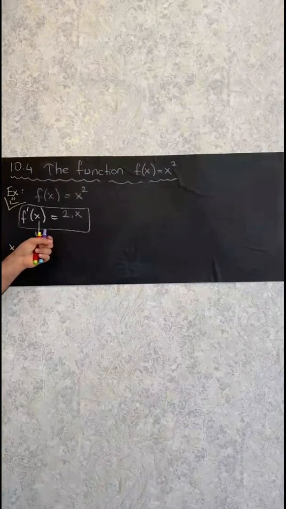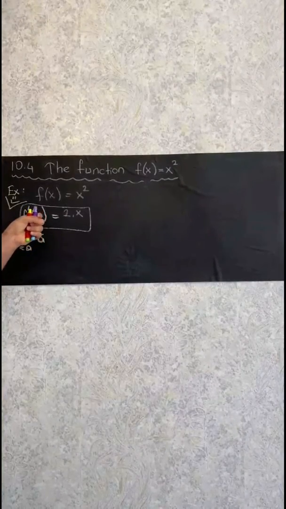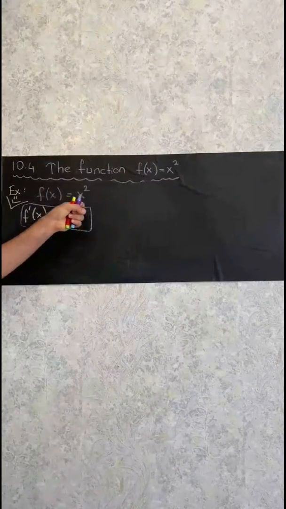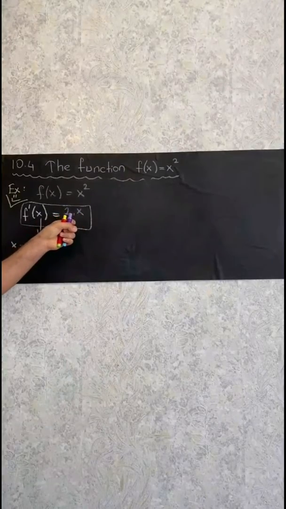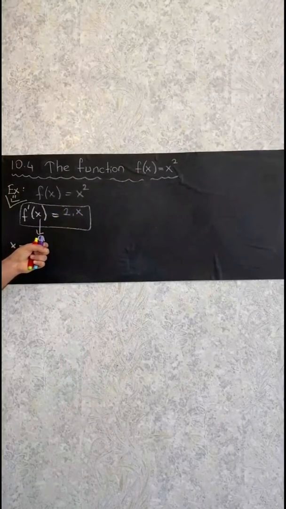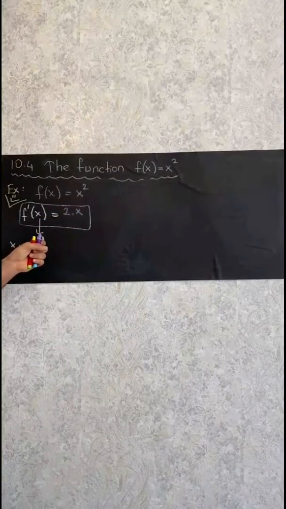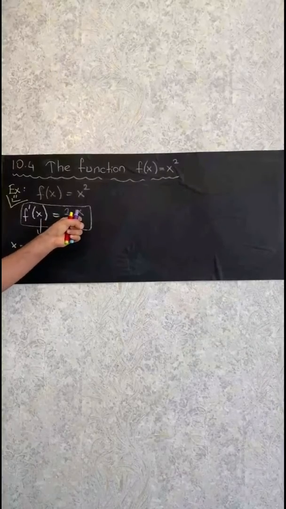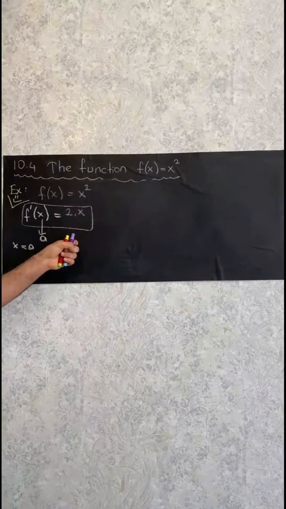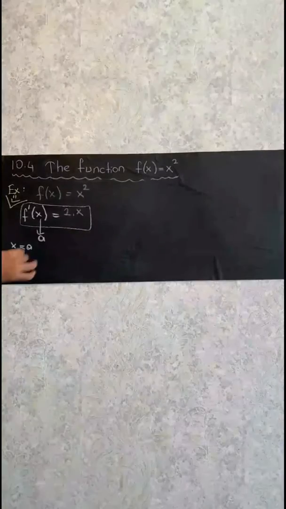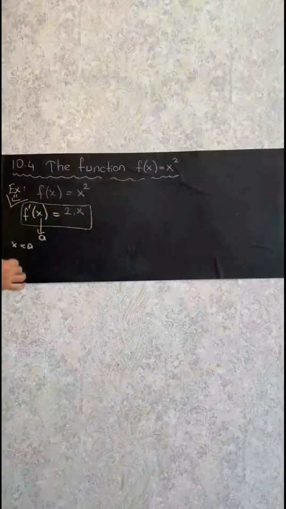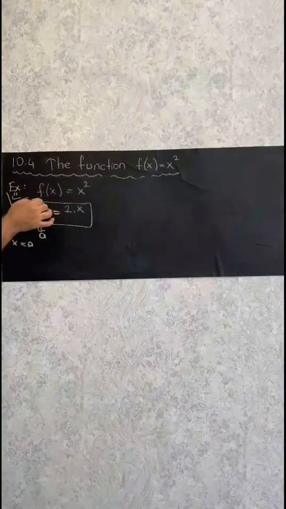For example, a is 1, then the slope is 2, because 2 times 1. Another one, if a is 7, then 2 times 7, the slope is 14. We used this easy rule.